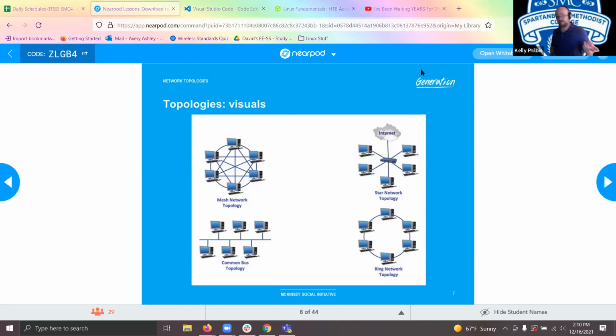Like in your home? Well, the home's kind of a tough one because of the multifunctional devices. In enterprise situations, you're going to have distinctive routers, distinctive switches, distinctive hubs. So you're going to have these individual hardware devices where it's easier to see how things are set up logically or physically.